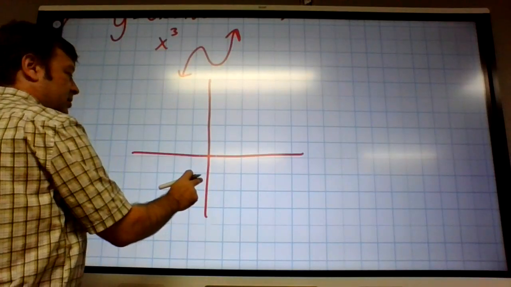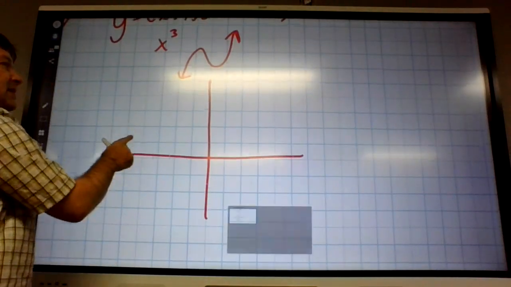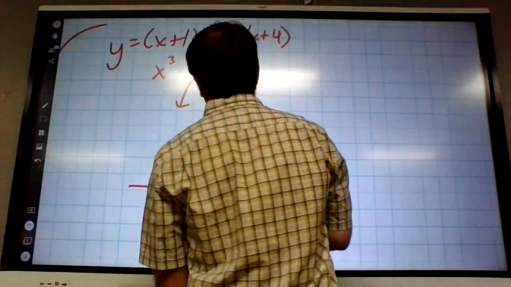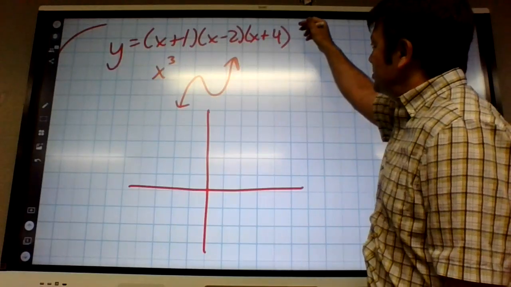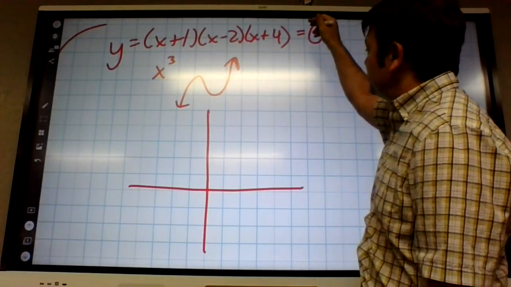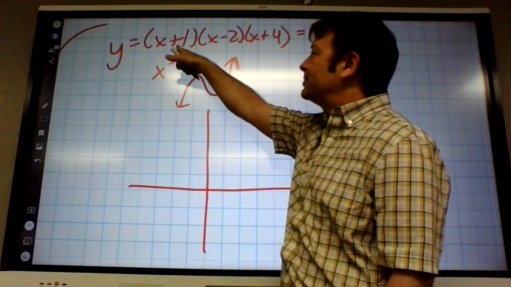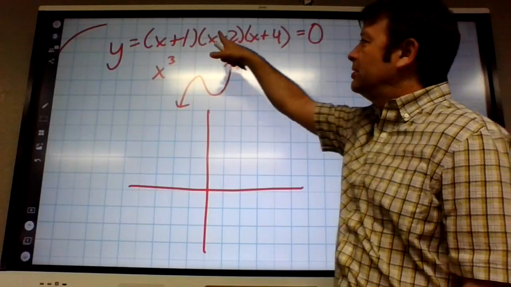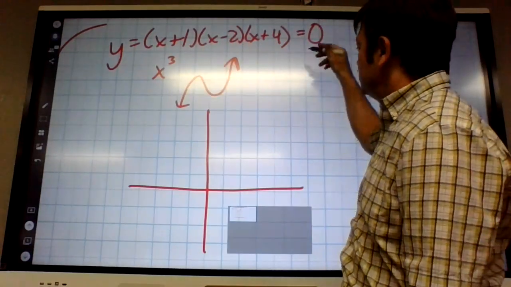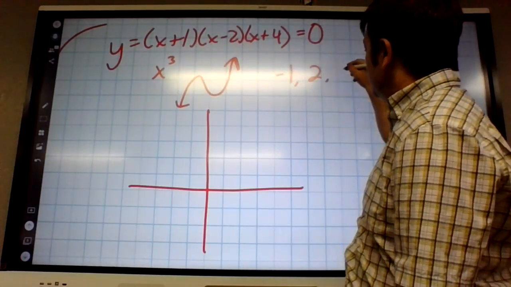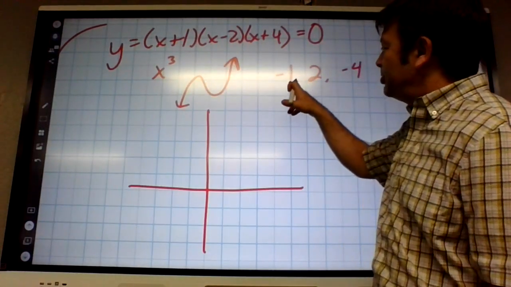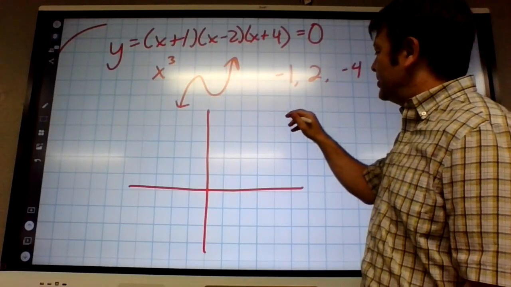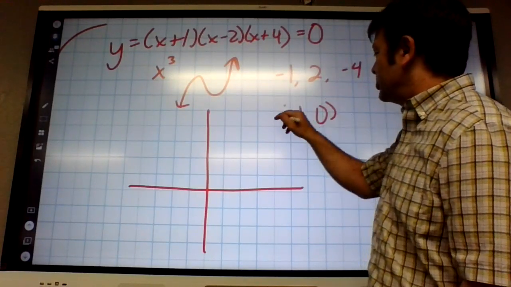All right, what we need is the zeros of the function. What x values make this function, or they're also called the roots, what x values make this function equal 0? Negative 1. Right. So when you plug in negative 1, the y value is 0. So that means there's a point at negative 1, 0.